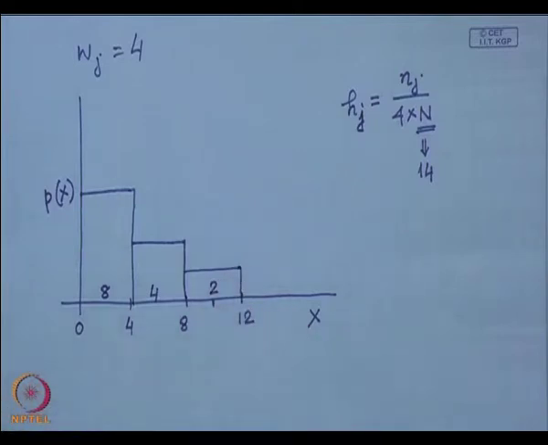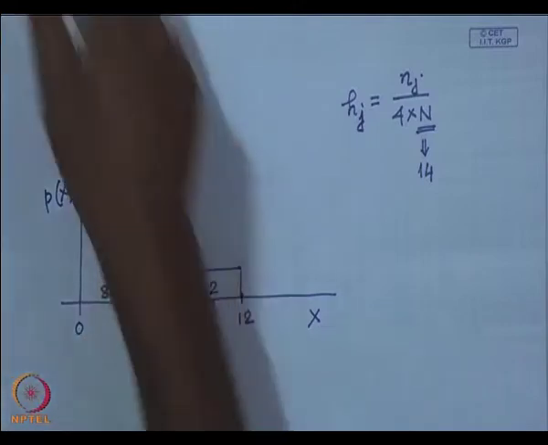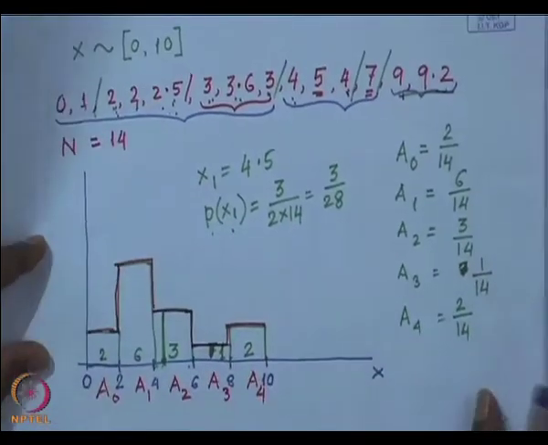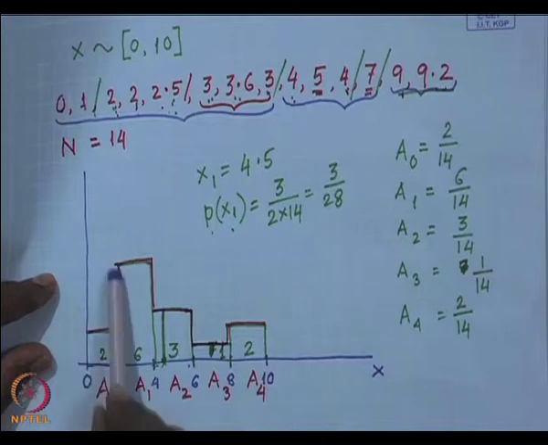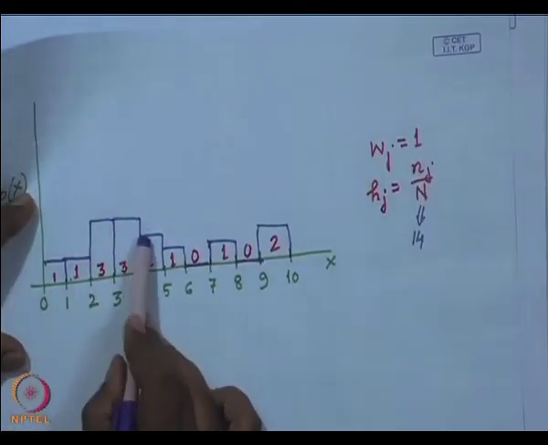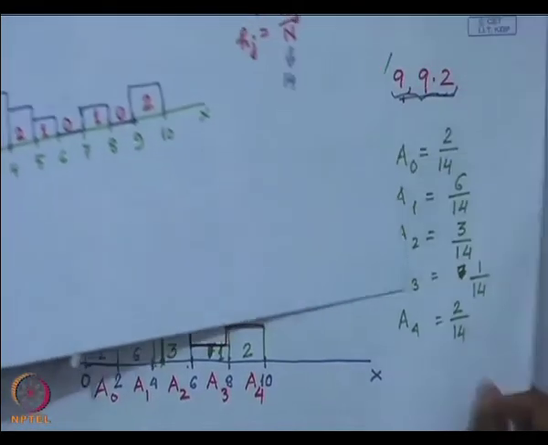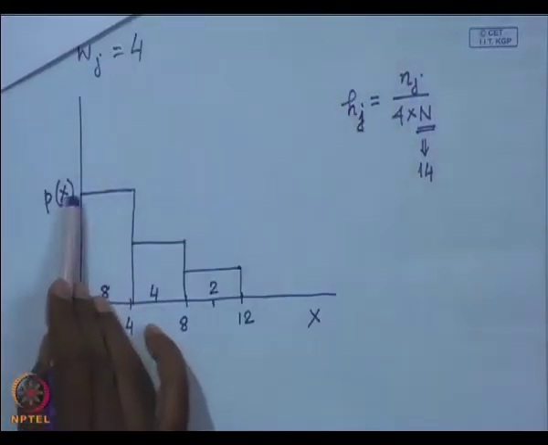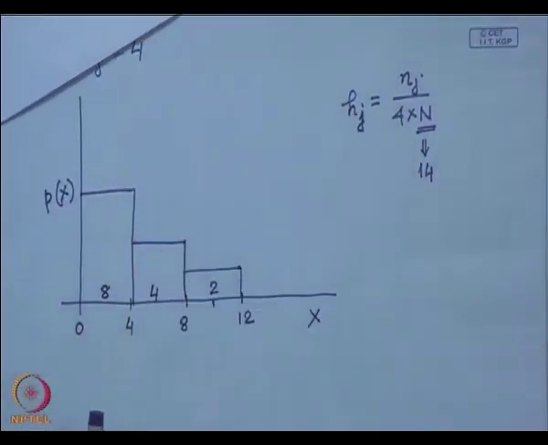So, if I use bin size of 2, then this is the probability density estimate. If I use bin size of 1, then this is the probability density estimate. If I use bin size of 4, then this is the probability density estimate.